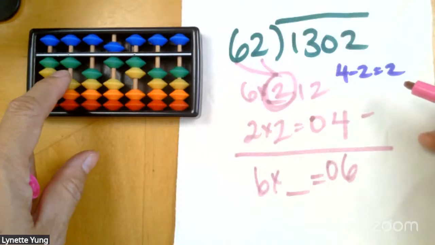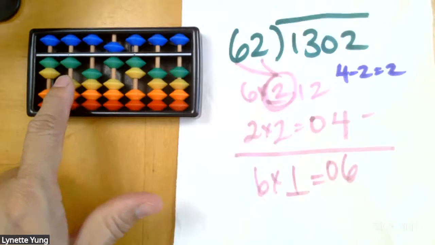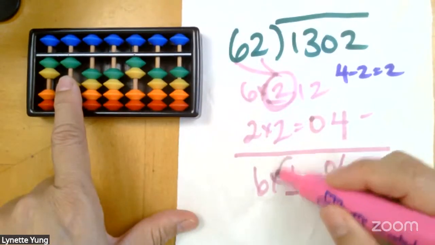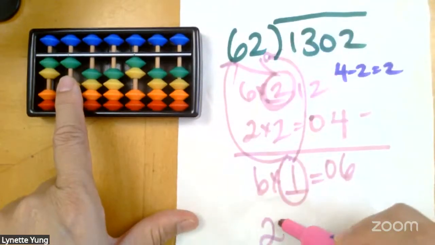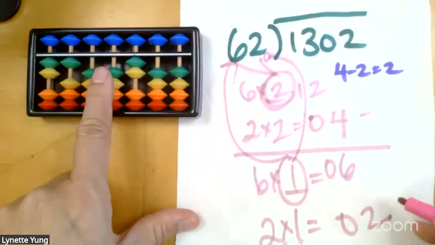And we do 1 like that. Then you subtract the 6. And because we did the 6, we have to do it again with the 2. 2 times 1 is equal to 0, 2.